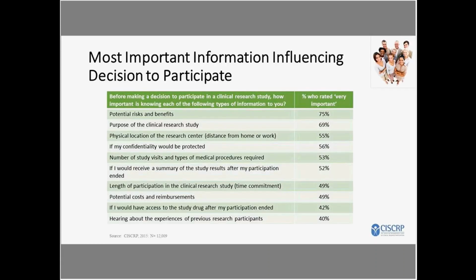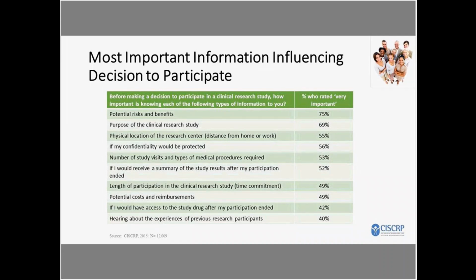The patient and their community of care take their decision to participate very seriously, and there are so many areas where the patient is looking for information to help them make an informed decision.